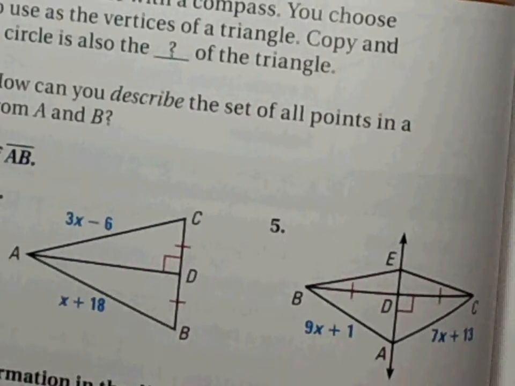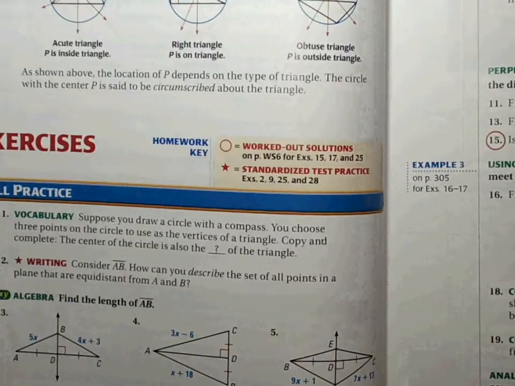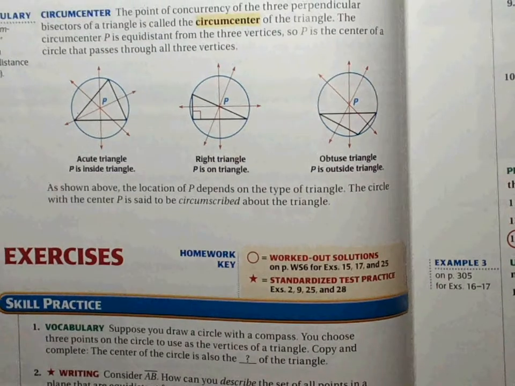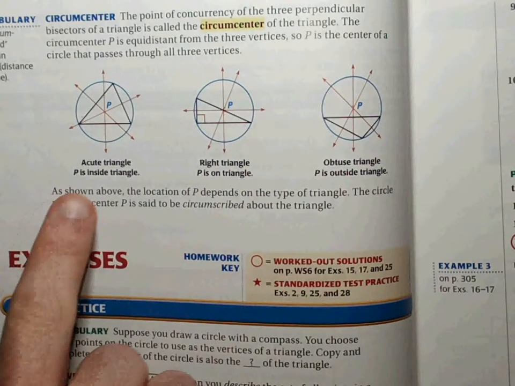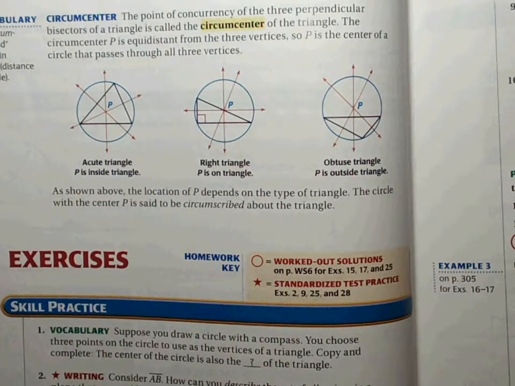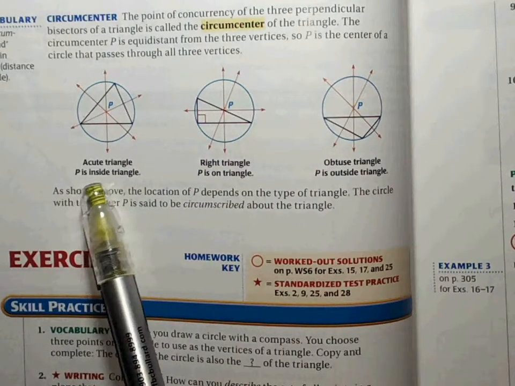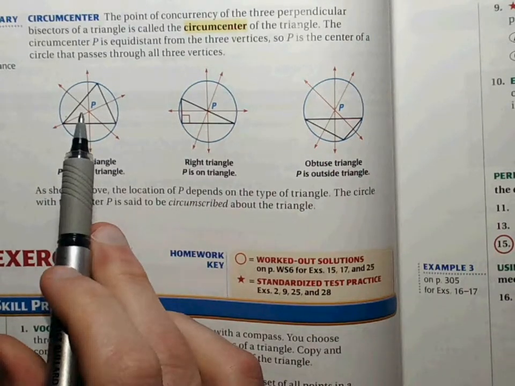Last thing, I want you to look at the top of page 306. Okay, let me zoom out so we can see. Okay, too much. The top of page 306. Every triangle that we've dealt with today has been one of these acute triangles. And you notice when we have an acute triangle, the circumcenter is inside the triangle.